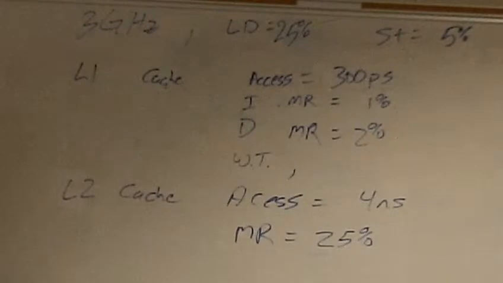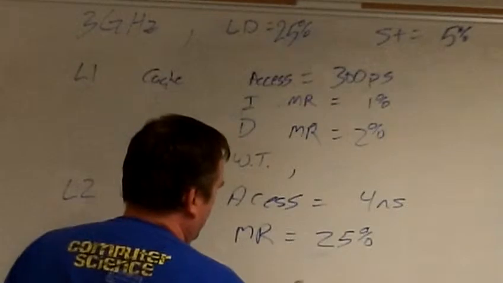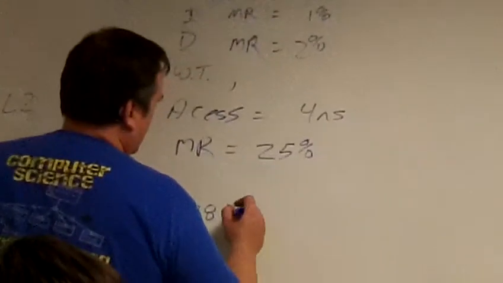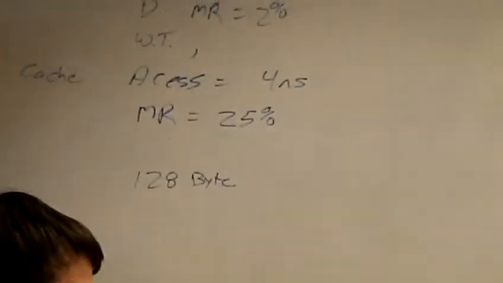But I might have something like 128 bytes, which would not be an unreasonable size. So let's just pick that as our number: 128. That's the byte block. That's big, but it's doable.